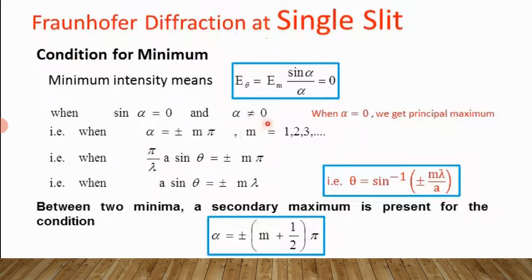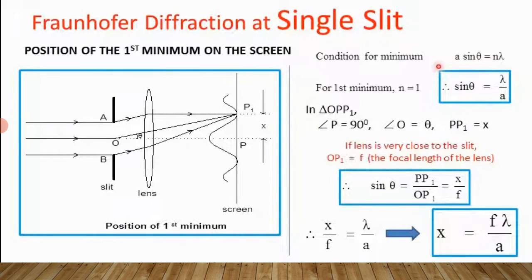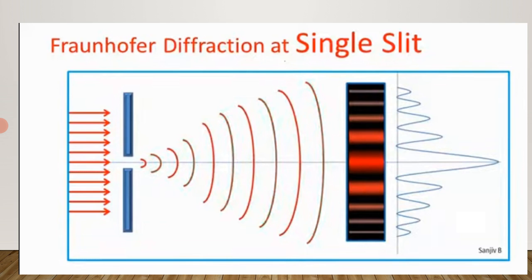A sin theta is equal to plus or minus m lambda, that is theta is equal to sin inverse of plus or minus m lambda upon A. This is the position of the minima.